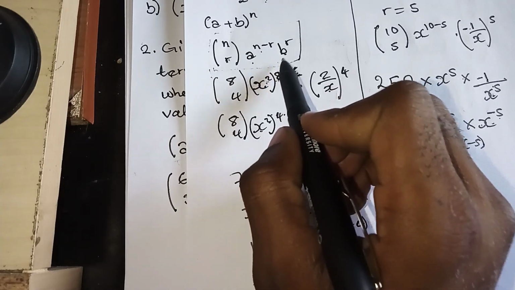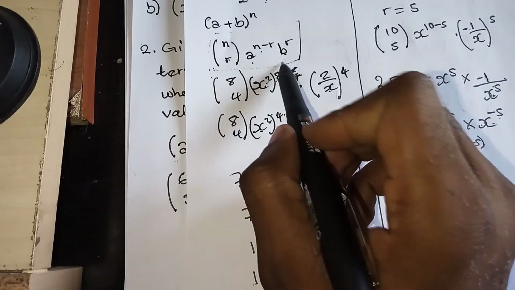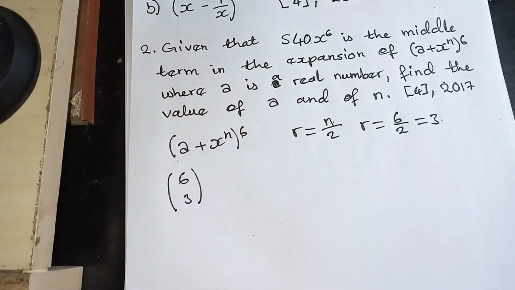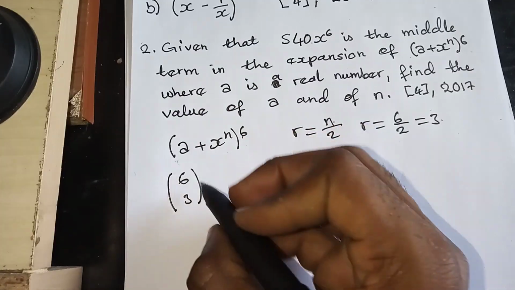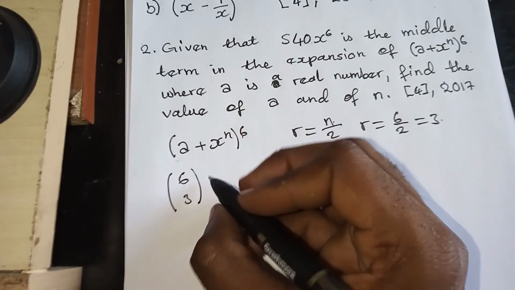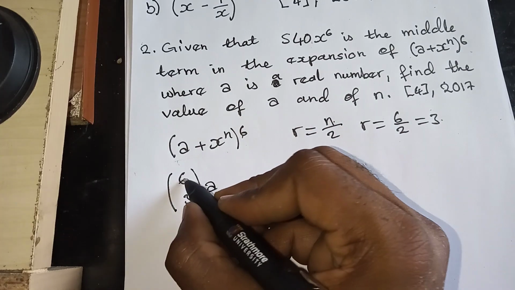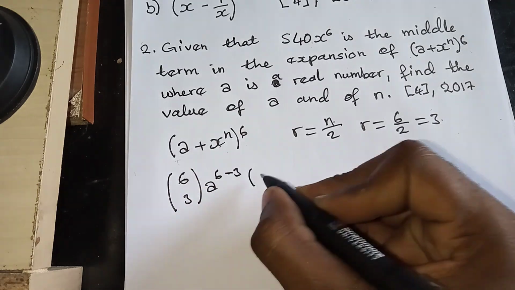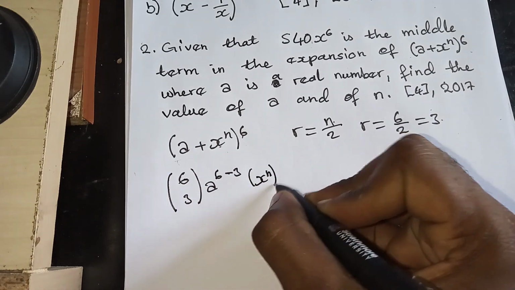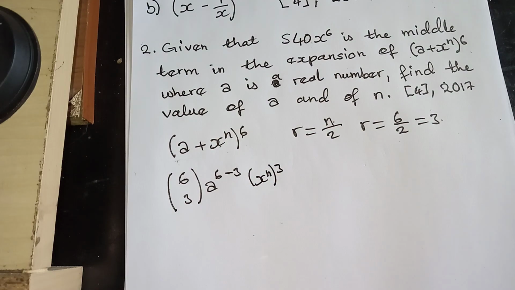So this one should always be in your head, although it is provided on your cover page. Okay, so our a will be a raised to the power 6 minus 3. Then our x, remember we have a power n there, don't leave it out.